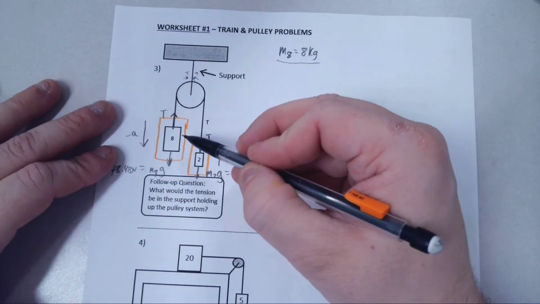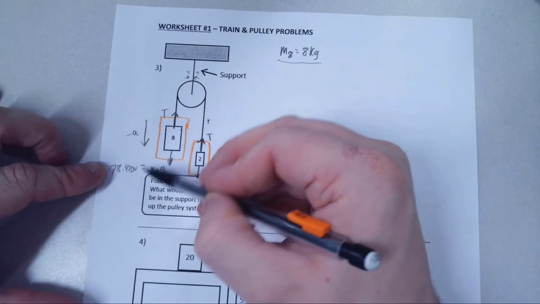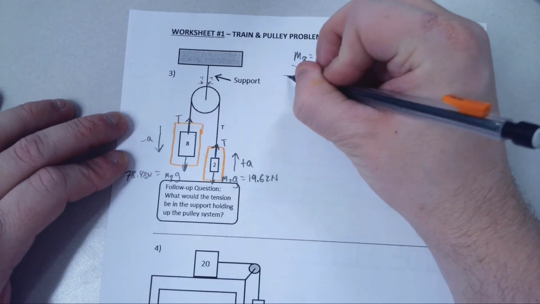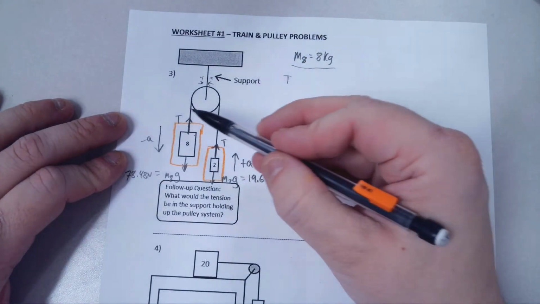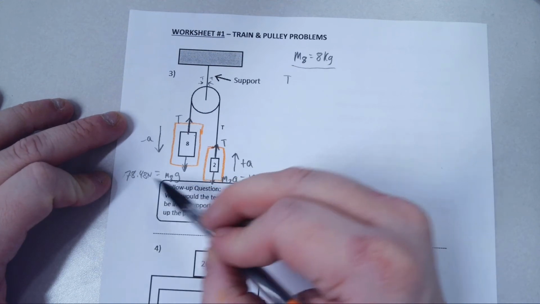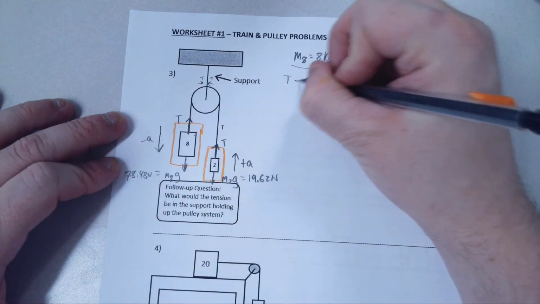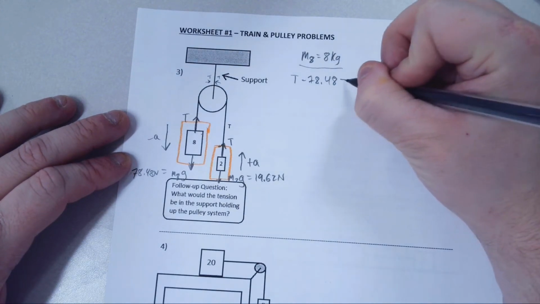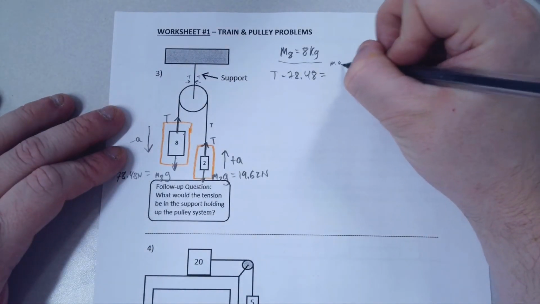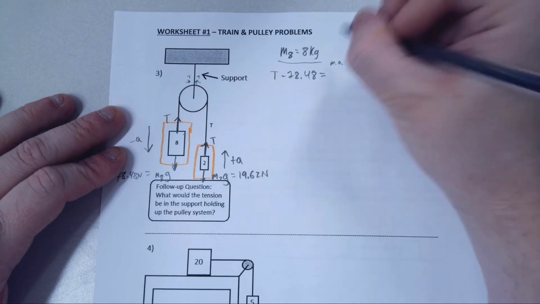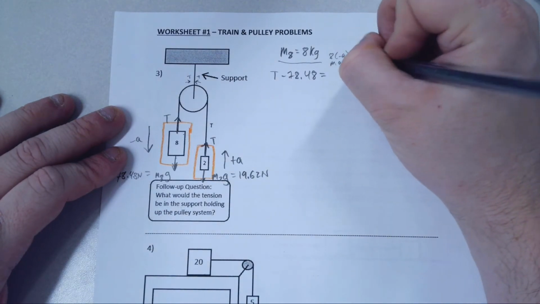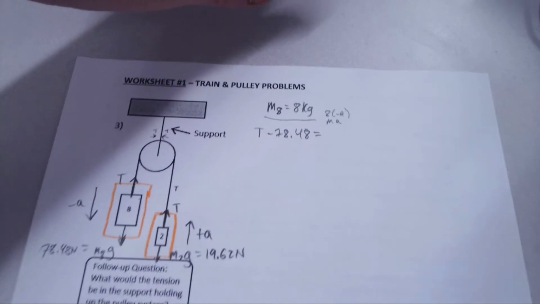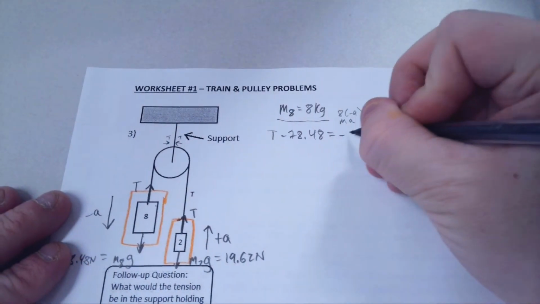Up minus down. Even though it's moving down here, it's up minus down. Up is T minus everything down. Down is the force of gravity, which we calculated is 78.48 newtons. That equals, remember, M times A, or 8 times negative A, or if you want to simplify it, just negative 8A.